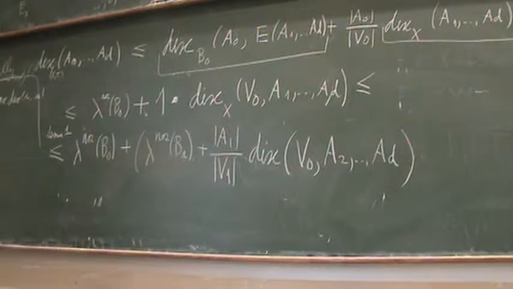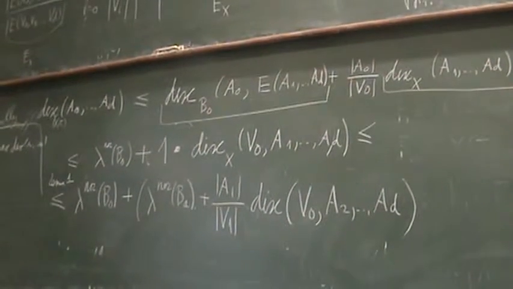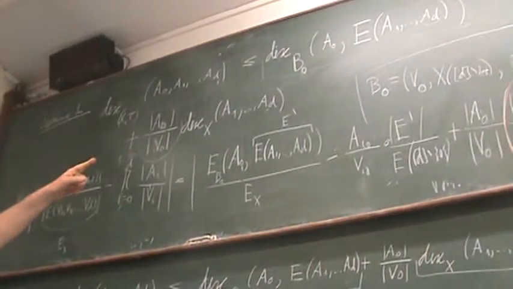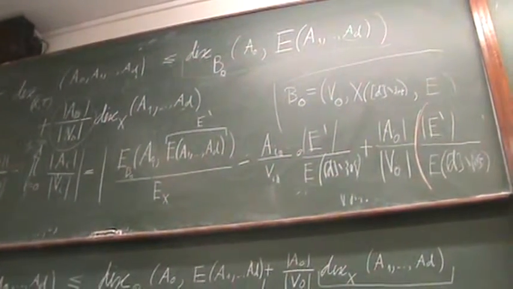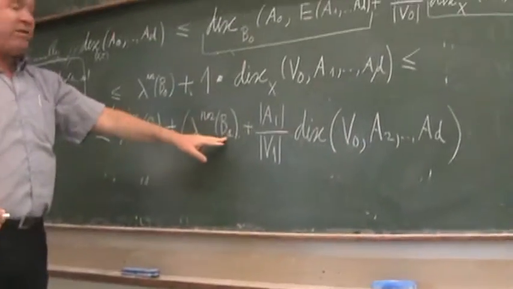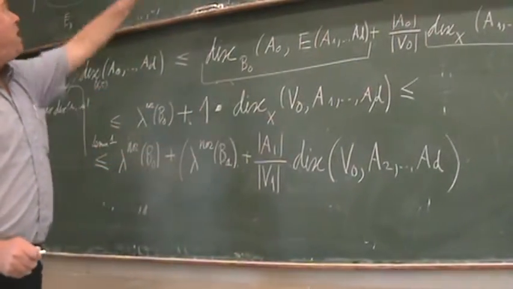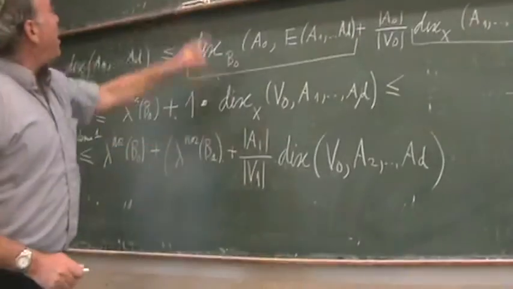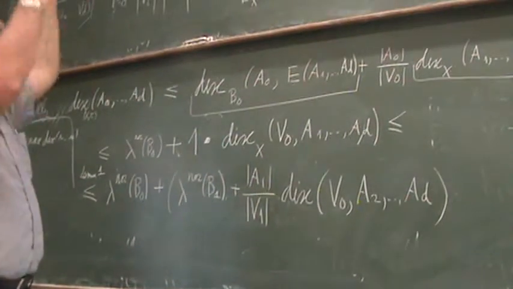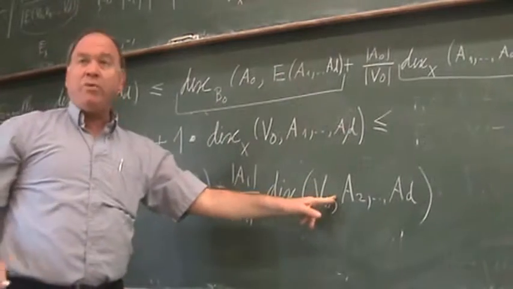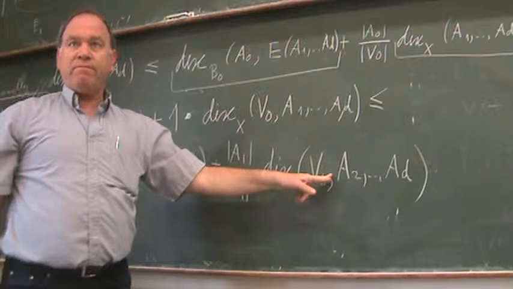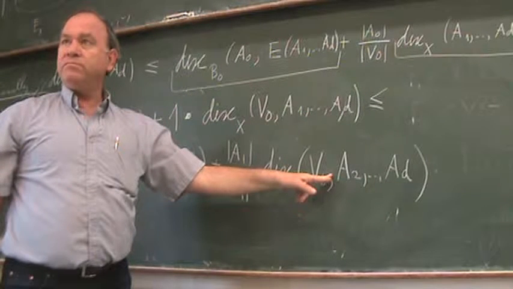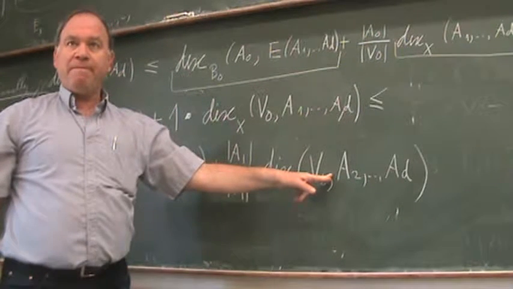Because lemma 1 told me that the discrepancy of A0 up to A1 up to AD is at most the discrepancy in the bipartite graph of B0, but now I'm using it on the bipartite graph of B1, plus A1 over V1, the discrepancy if I eliminate the set A1. Right? Are you with me, right?